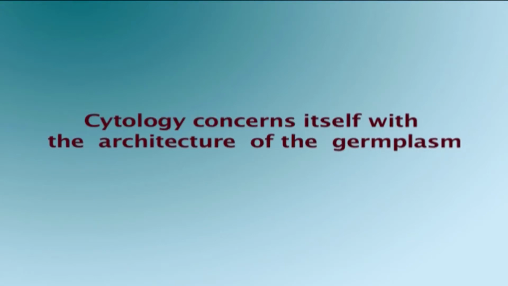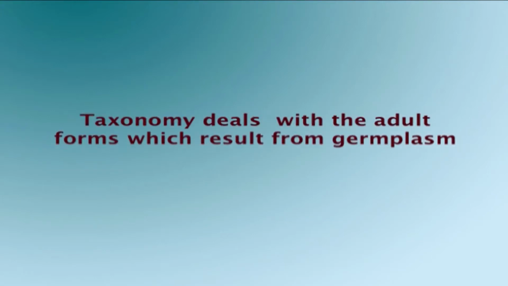Taxonomy and cytology study the same phenomena but from two very different angles. Cytology, or more properly karyology, concerns itself with the architecture of the germplasm, taxonomy with the adult forms which result from germplasm. Cytology has made an outstanding contribution to taxonomy during the past few decades.